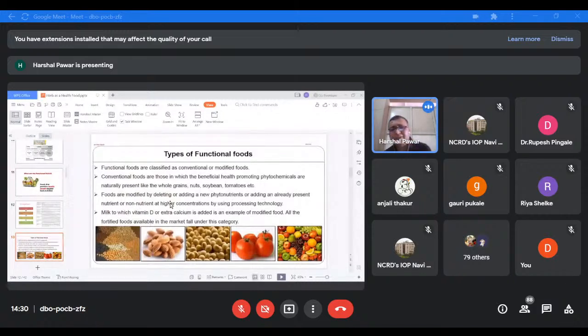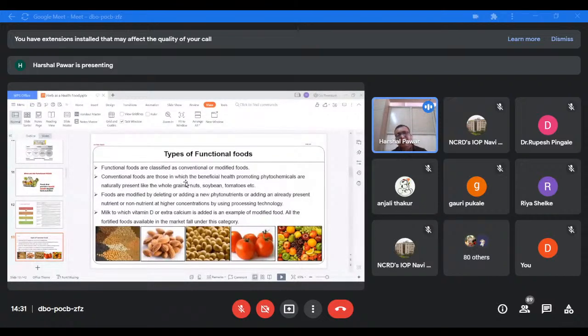Now let us see the types of these functional foods. So functional foods, majorly they are classified into two different categories. First of them is conventional food, and second one is modified food. So conventional foods are those in which the beneficial health promoting phytochemicals are naturally present, like the whole grain, nuts, soybean, tomatoes.